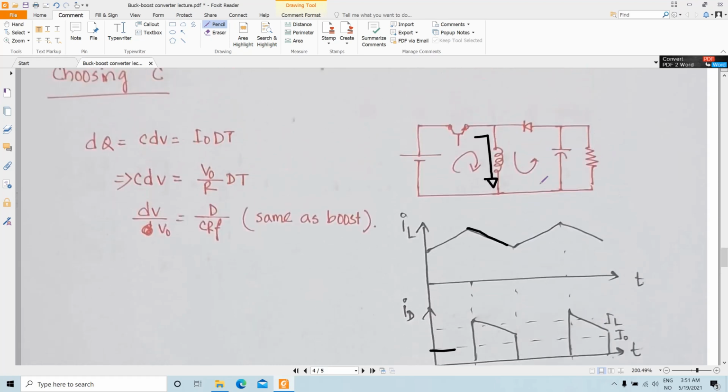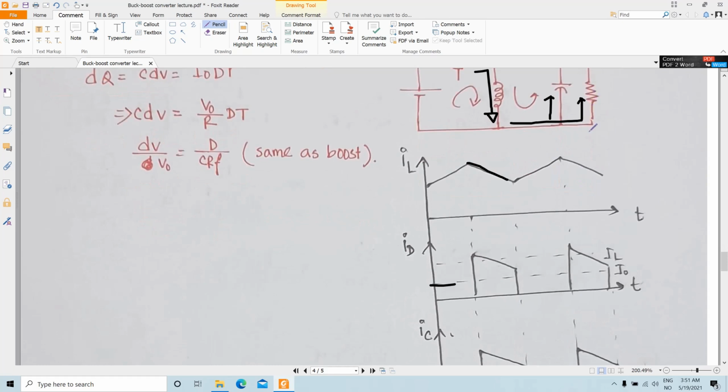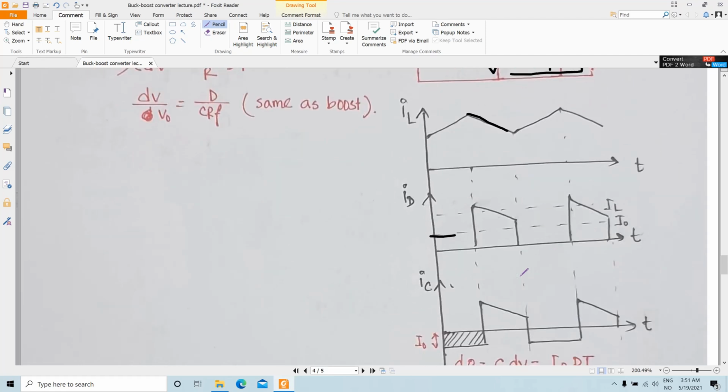So this is the resistor here. So when the inductor is discharging, the current is flowing like this. Okay, so this is your I out, the output current, which is across the resistance, a fixed value, and the higher frequency part basically flows through the capacitor.